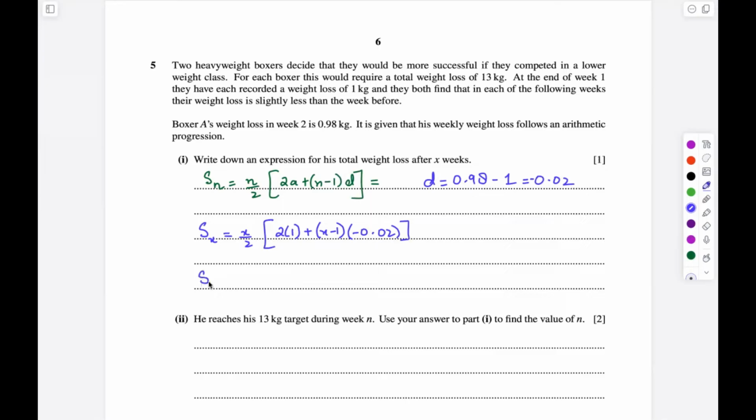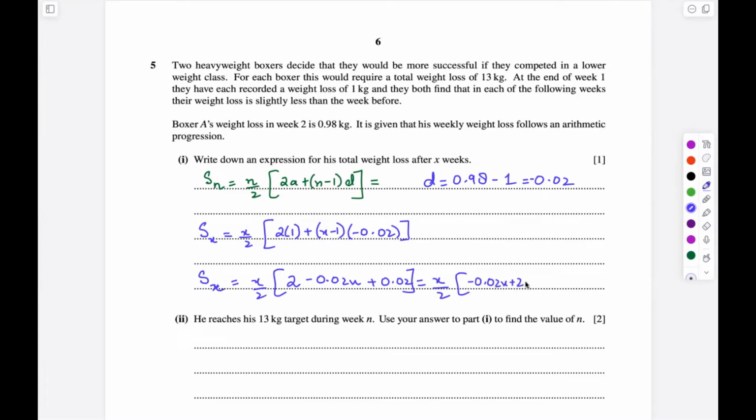Simplifying this, the sum after x weeks will be x upon 2 into 2 plus, so minus 0.02 into x will become minus 0.02x, and minus 1 into minus 0.02 will become a plus 0.02. Simplifying this, we can write this as x upon 2 into 2.02 minus 0.02x.